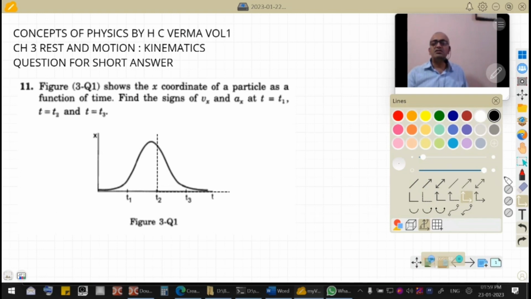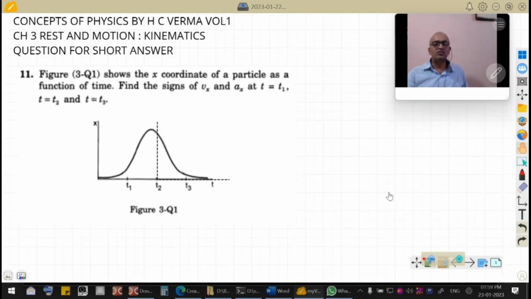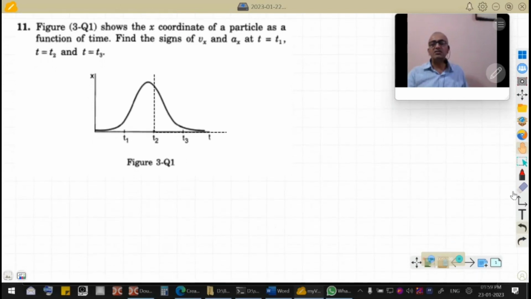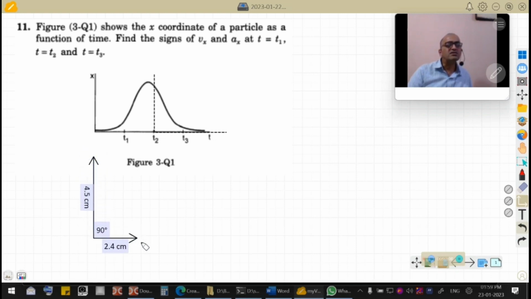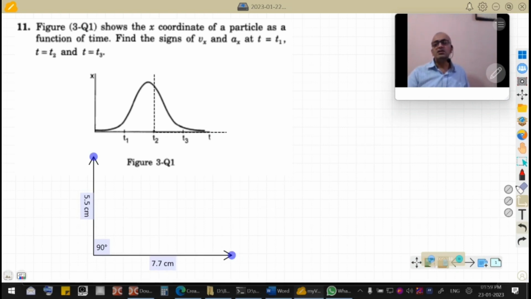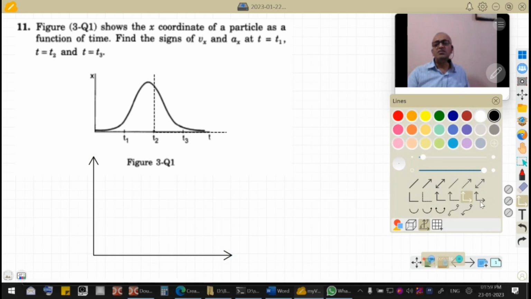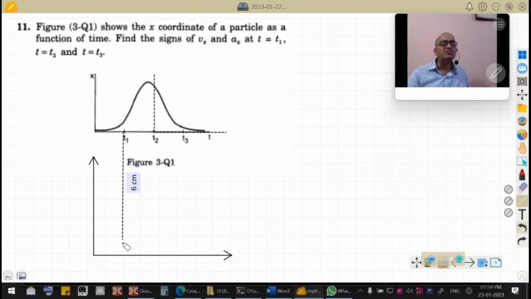We will make it just below this graph so that we are in sync with the present position-time graph. Let us say we make the graph like this. Our T1, T2 and T3, we can also draw like that. This is the time corresponding to T1.